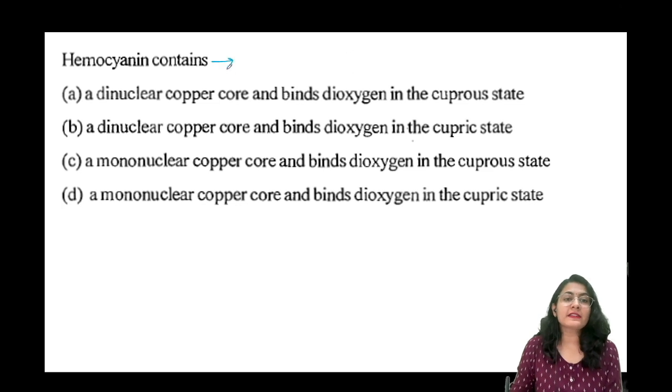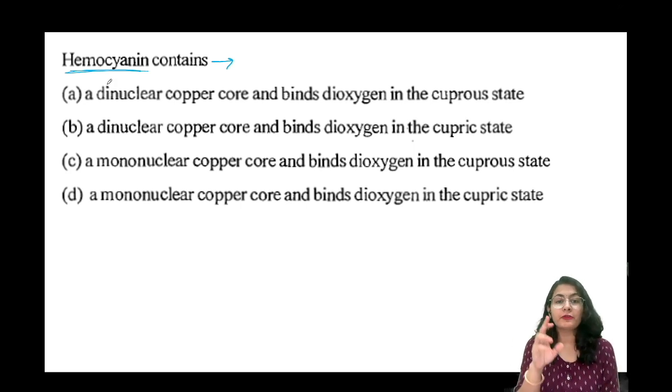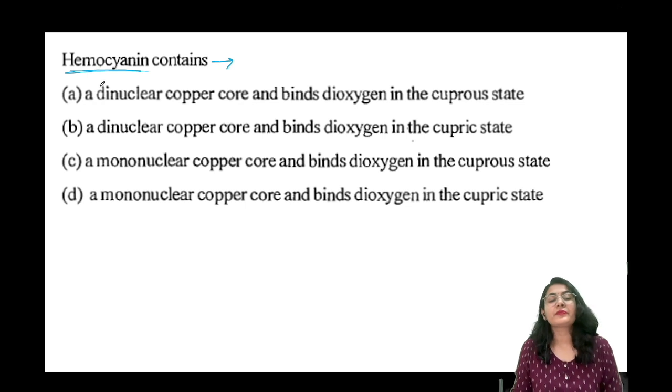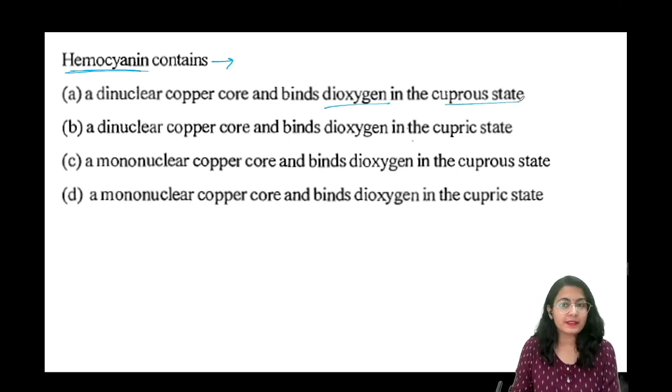Hemocyanin contains what? Now here it's not mentioned whether it is deoxyhemocyanin or oxyhemocyanin. You have to figure it out based on the options. So yeah, read them out. Based on the language of the options, let's see. A dinuclear copper core binds dioxygen in the cuprous state.